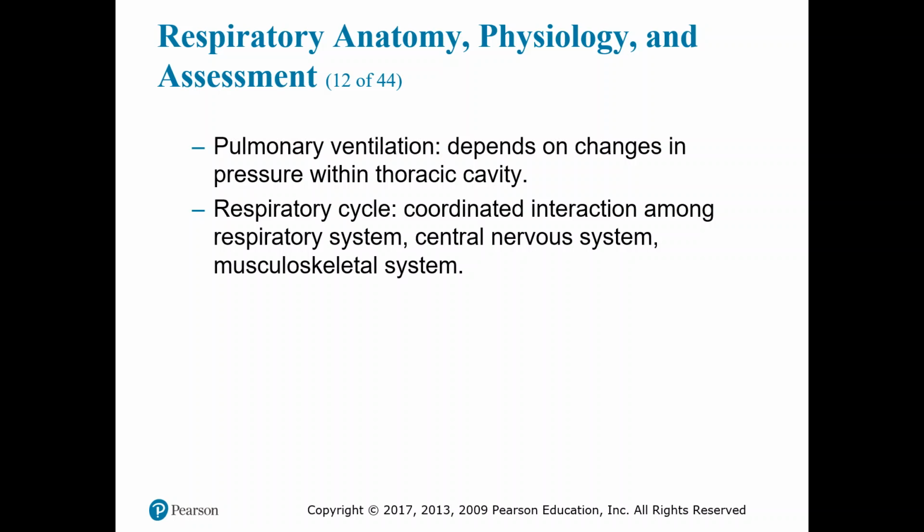At the end of inspiration, respiratory muscles now relax, thus decreasing the size of the chest cavity and in turn increasing intrathoracic pressure. The naturally elastic lungs recoil, forcing air out through the airway, or expiration, until intrathoracic and atmospheric pressure are equal once again. Normal expiration is a passive process, whereas inspiration is an active process, using energy.